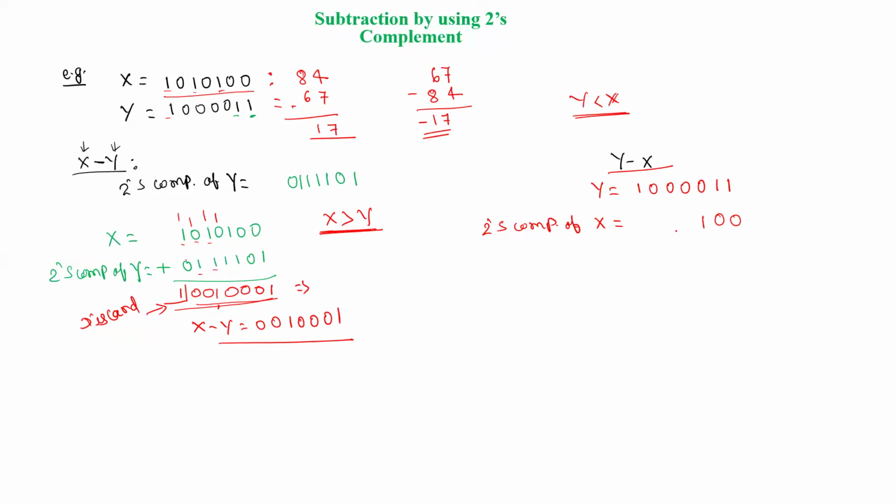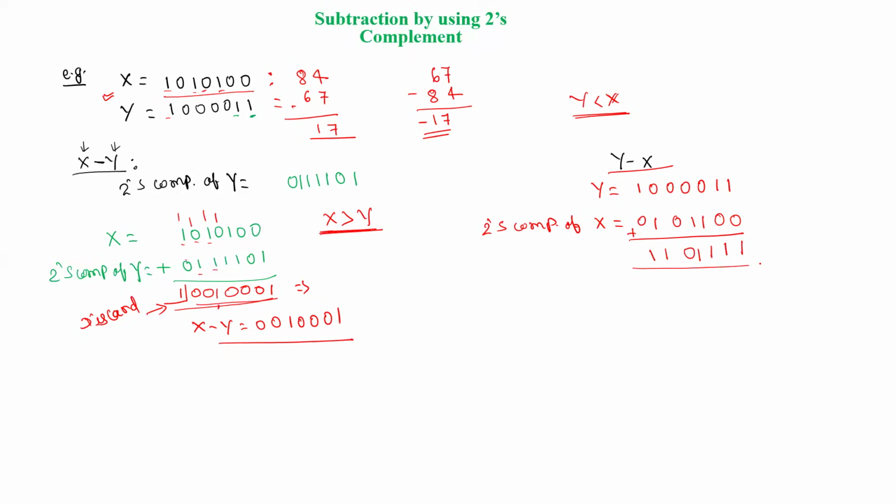And the remaining digits will change. Okay, 0 to 1, 1 to 0. So finally, on the basis of that, this 0 will change to 1, next 1 to 0, 0 to 1, 1 to 0. Okay, so we have taken the x value from here. Now we'll perform the addition. So 1 plus 0, 1, 1 plus 0, 1, 0 plus 1, 1, 0 plus 1, 1, again 0 plus 0, 0, 0 plus 1, 1, 1 plus 0, 1.